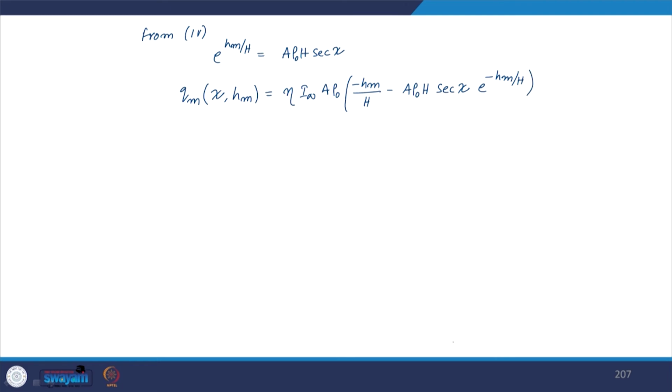We will rearrange this equation for simplification.